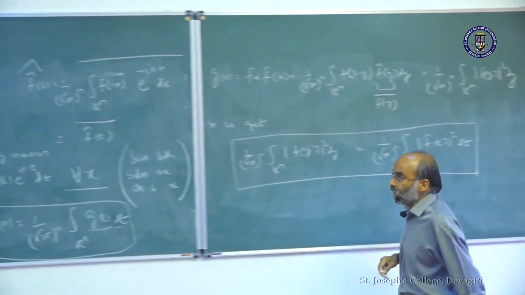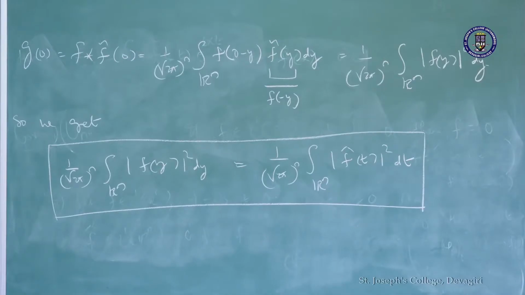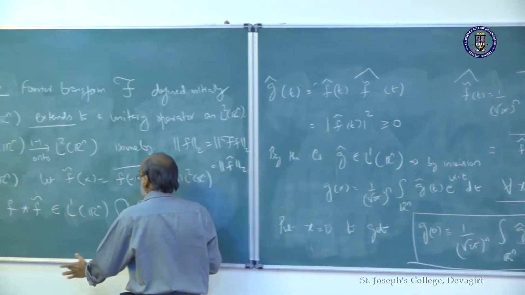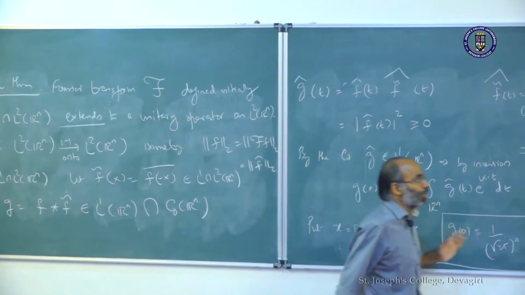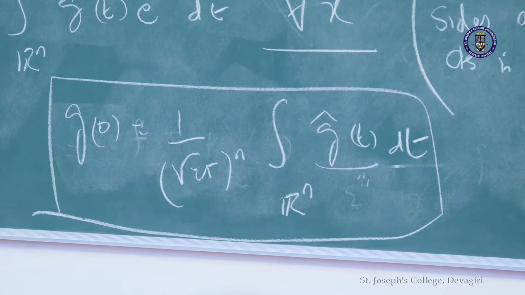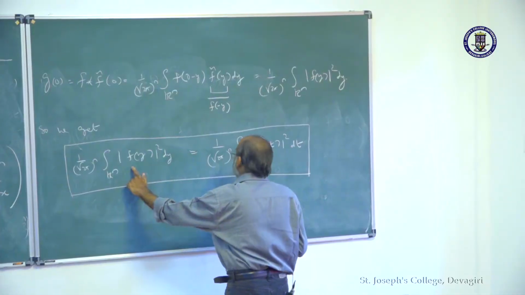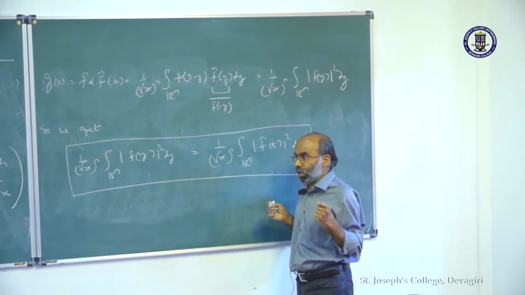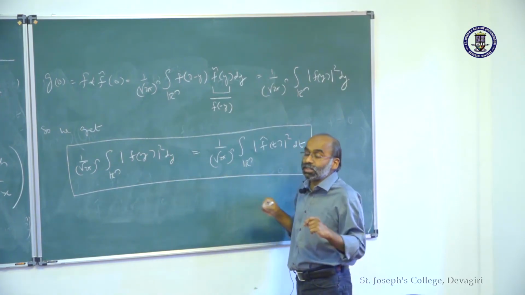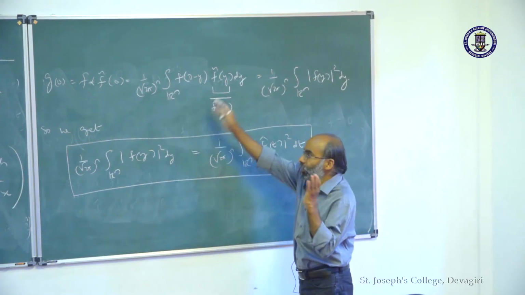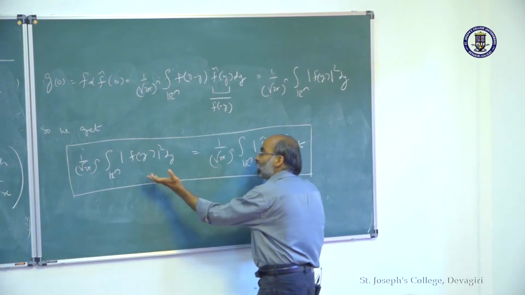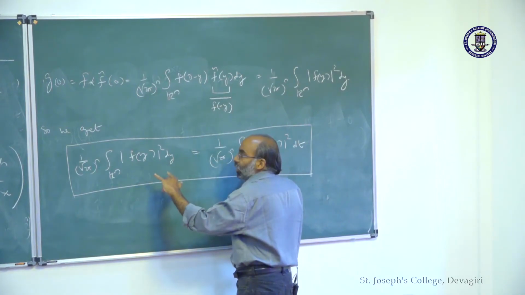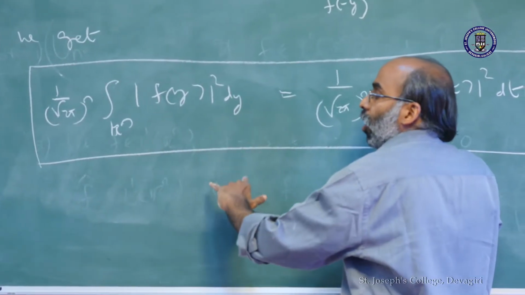So, what is the upshot of all this? We constructed f convolved with f tilde, and used the Fourier inversion to get this. So, 2 pi you can forget. This tells me that the L2 norm of the function is the same as the L2 norm of the Fourier transform, which means it is an isometry. But we started with L1 intersection L2, not an arbitrary function, so I have an isometry which is a bounded operator on a dense subspace.